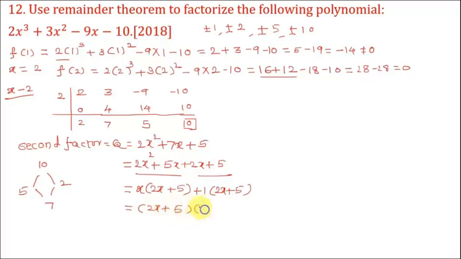The remaining terms are in the next bracket, x plus 1. And hence the factors of the given polynomial 2x cubed plus 3x squared minus 9x minus 10 are: first factor x minus 2, second x plus 1, and last 2x plus 5, in this way.